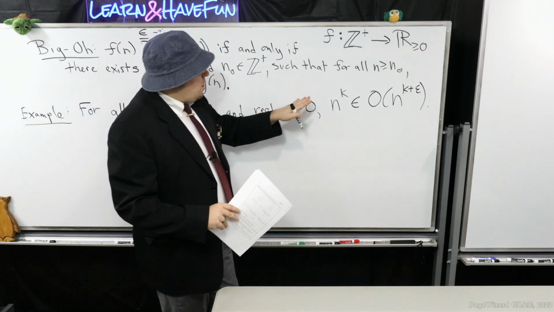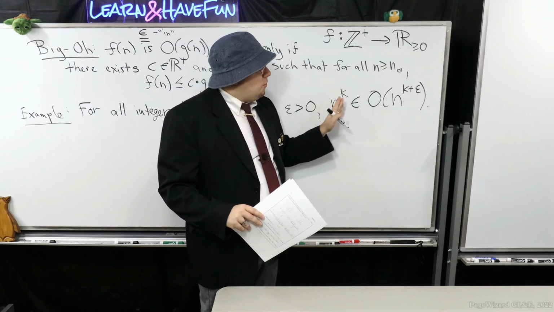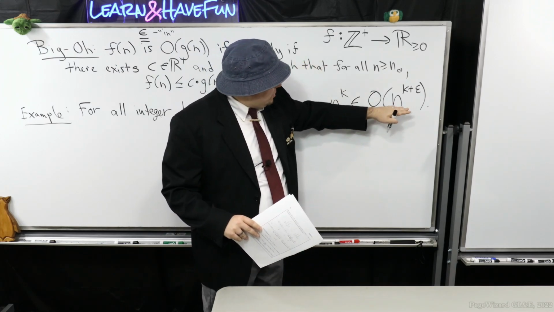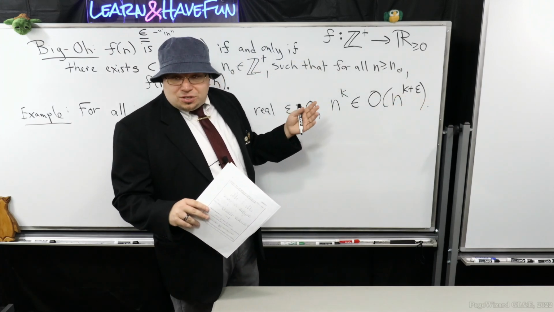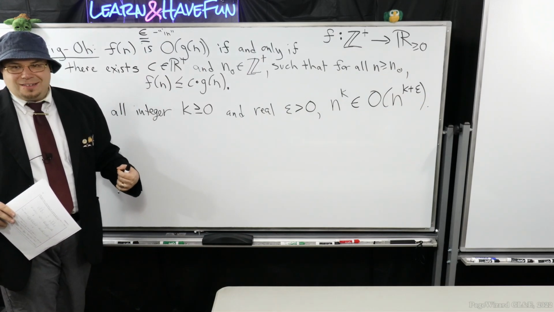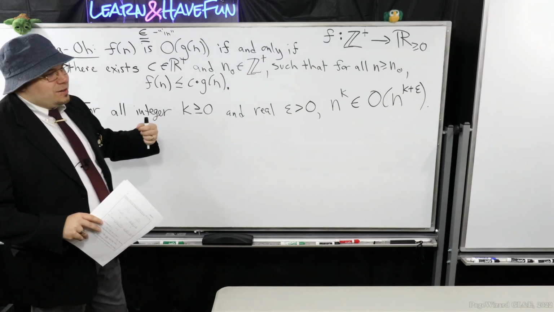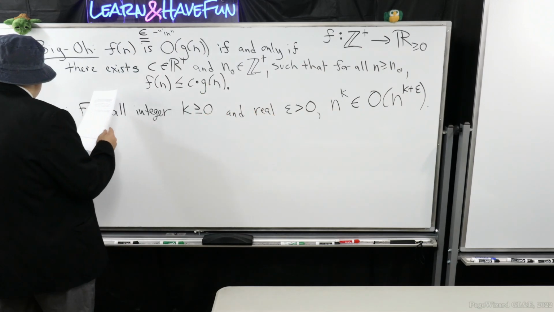It's obvious that k is not going to dominate over, and I'm using loose terminology here, k plus epsilon because epsilon is greater than 0. That's true, right? But we need to actually have some way to check this. And I'll give you an interesting application of this claim in a moment.